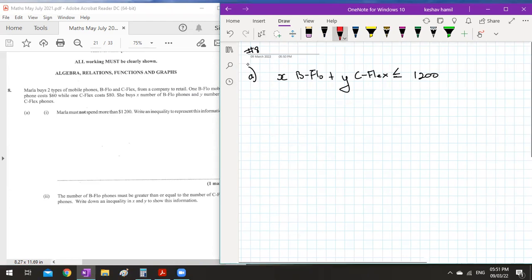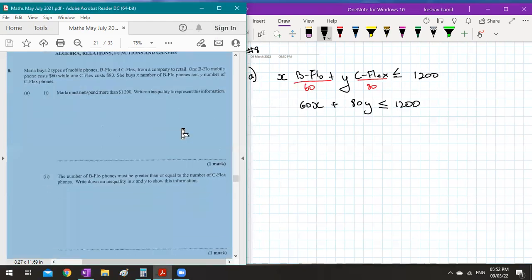Now, the B-Flow costs $60 and the C-Flex costs $80. So all you're doing is multiply X by 60, which is 60X, and Y by 80, which is 80Y, should be less than or equal to $1,200. So that is the function for the inequality.